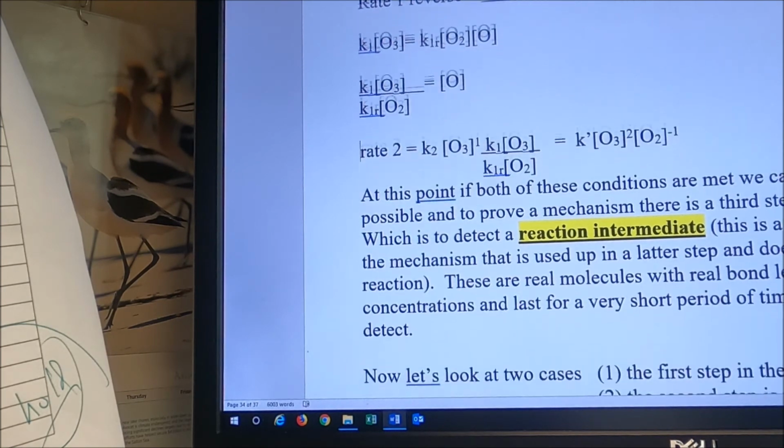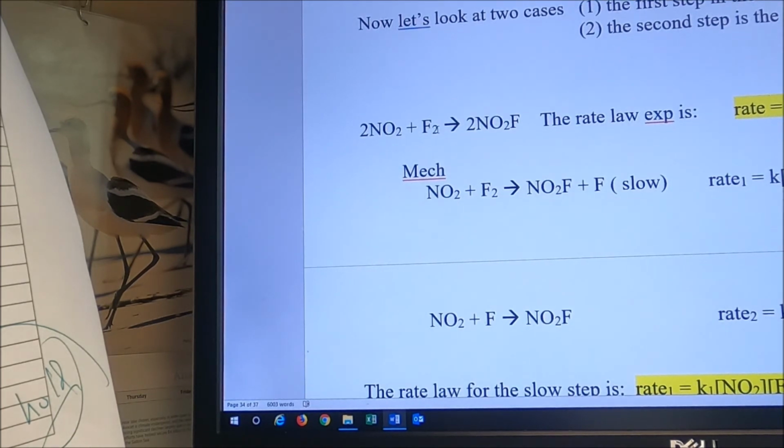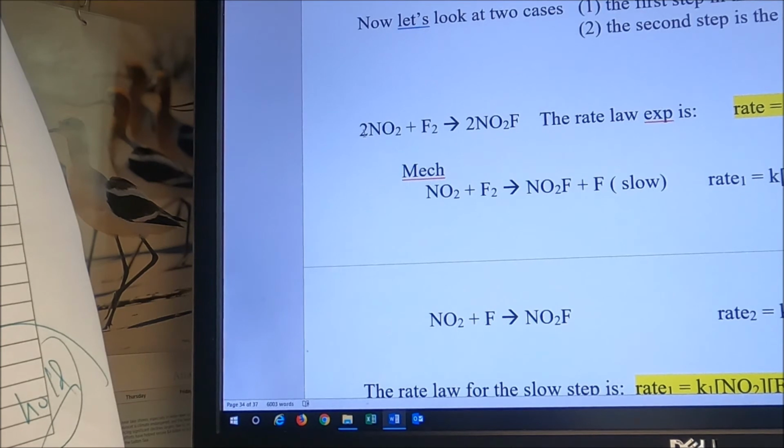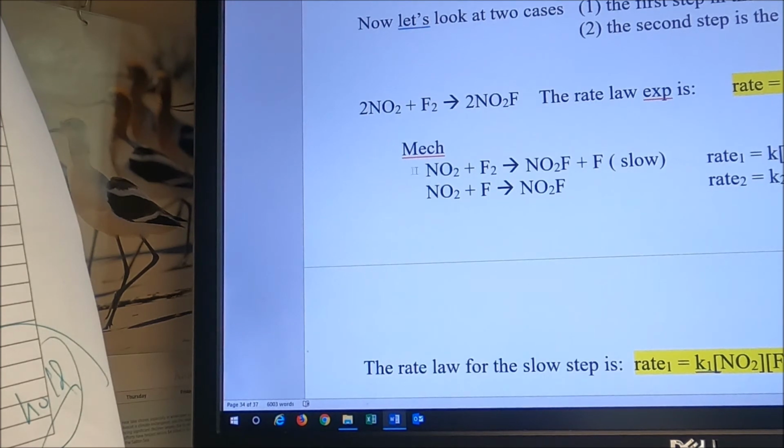Now, there are a couple of other examples I've got here for you. One is where the first step of the mechanism is a slow step. The reaction 2NO2 plus F2 going to 2NO2F has the rate law rate equals k times the concentration of NO2 times the concentration of F2. The mechanism was a two-step mechanism, where NO2 plus F2 goes to NO2F plus F, which is our slow step, followed by a fast step, NO2 plus F going to NO2F.